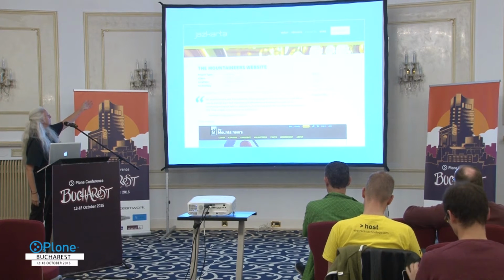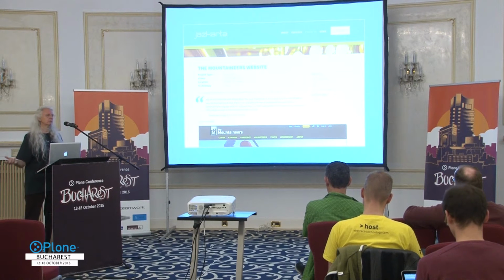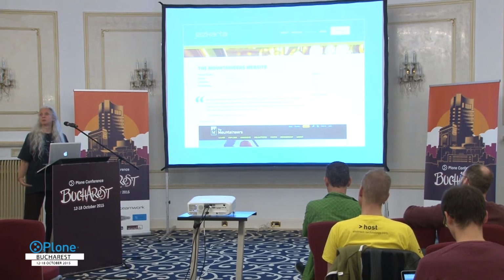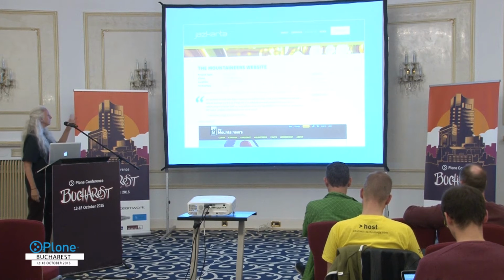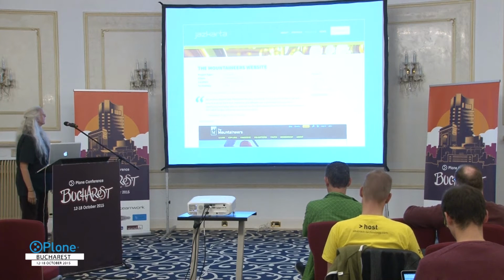They have a type or an industry: nonprofit, government, business, education. They have the technology, Plone or something else, since we work in other technologies. Our services, a quote, a lead image, et cetera.